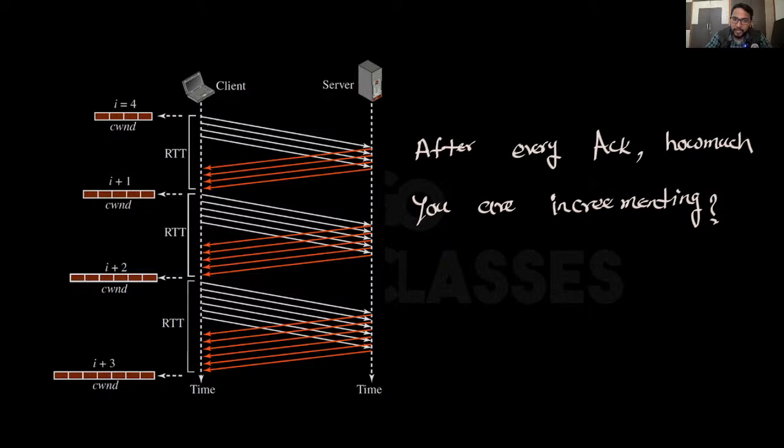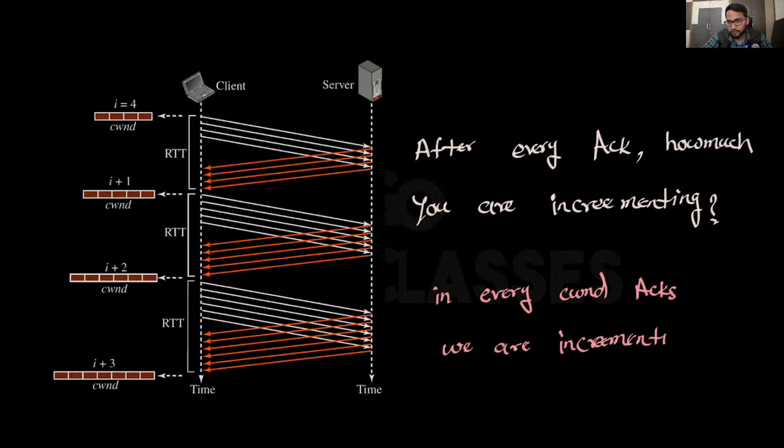See what is happening here: whenever you are sending something, then after the CWND you are incrementing by 1. So basically how many ACKs do we receive?